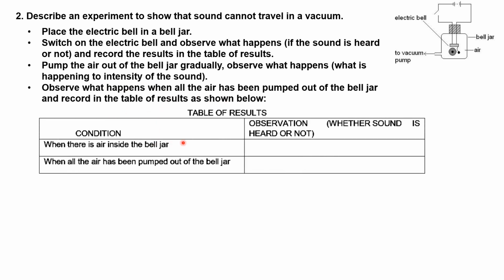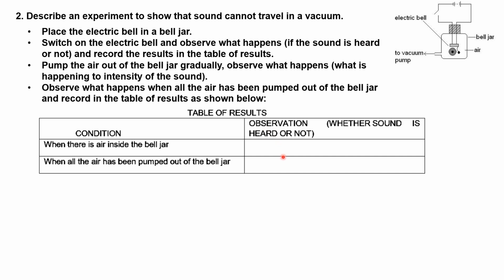as is shown in the table here. So you sketch the table like this, table of results, just sketch, right? Draw one, you can draw one, yes, but don't fill up this part because you are just describing the experiment.